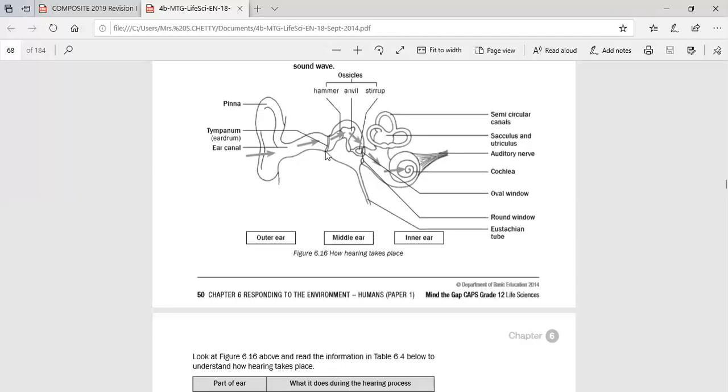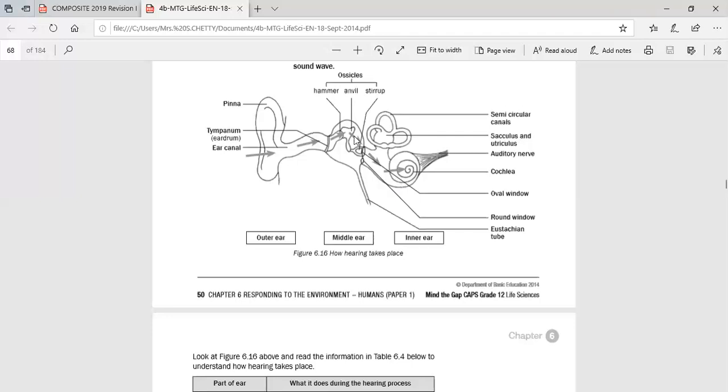Only when it vibrates freely can the vibrations be transmitted efficiently into the inner ear, and then your cochlea, which is your receptor for hearing, which lies here, can be stimulated effectively. So you need your tympanic membrane to vibrate freely.